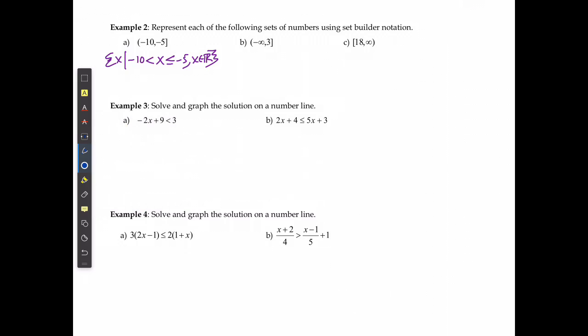For my second case, I can say that x, well in this case, doesn't have a lower limit, it's just got an upper limit. So x is going to be less than or equal to 3, where x is in the reals.